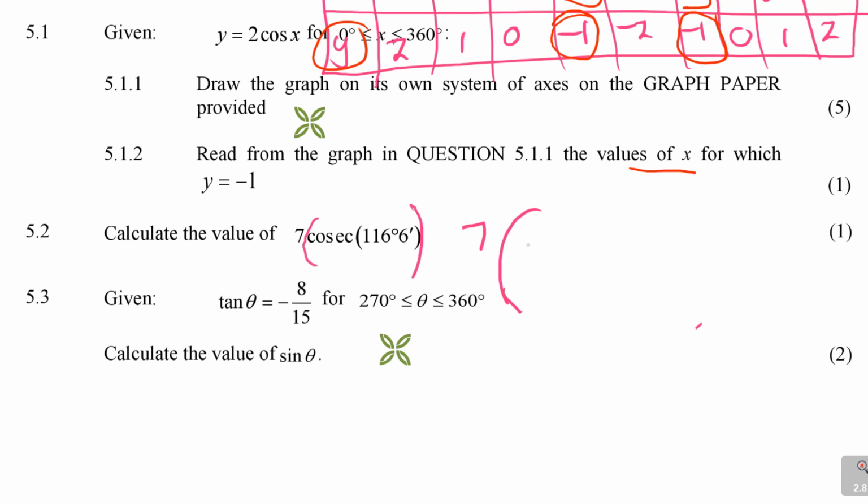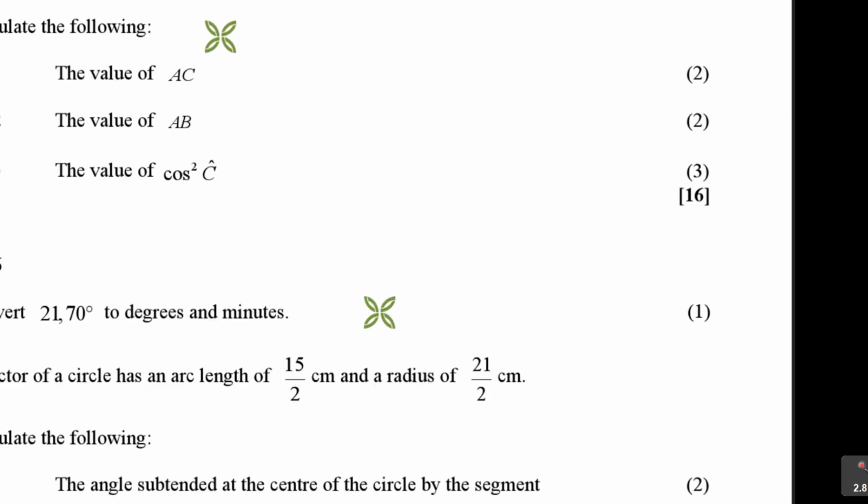That's why it's 7 times 1 over, because in actual fact 7 is on top here. That's what it means. It's 7 over sine whatever that we're talking about. But with the calculator, you can leave the 7 outside here and then times 1 over. It will still give you the same answer. Alright. Then this one we did it together, and yeah, then it continues.